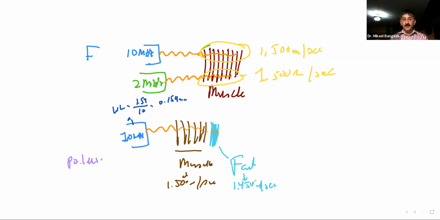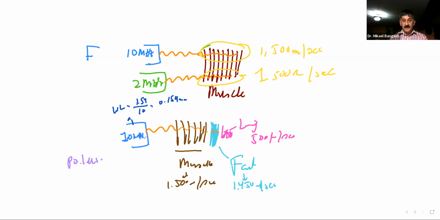After that, you can say it may come across another medium. Let's just say it's lung tissue. In that case, it's going to be traveling at an even lower speed, which is just 500 meters per second.